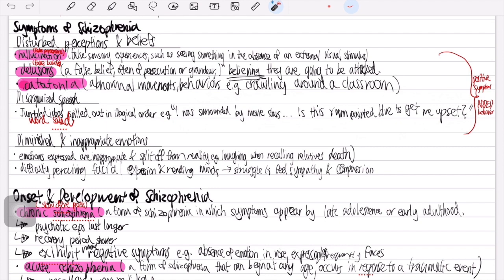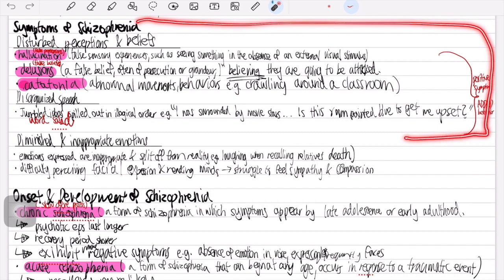So as you can see, the patient's ideas are jumbled up, and when they express their feelings and thoughts, it's in illogical order, so it doesn't make sense.